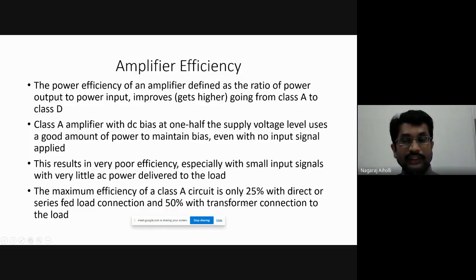And if it is using a transformer in the circuit, that is transformer connection to the load, then the efficiency increases, because the transformer is a circuit which provides one full complete cycle. Step up or step down transformers provide one full complete cycle of the output. So if the transformer connection is used in the load connection, then the efficiency of the class A amplifier is increased from 25% to 50%.